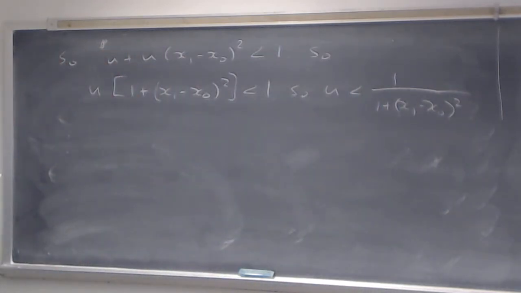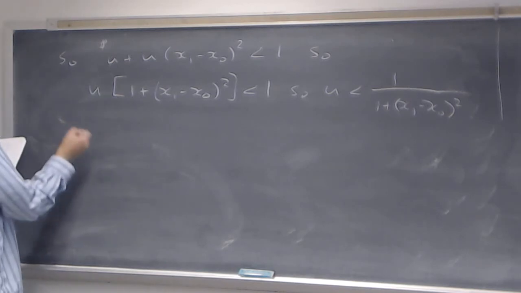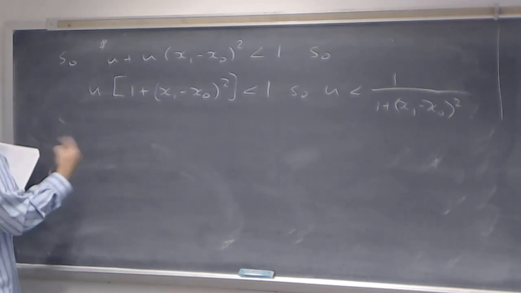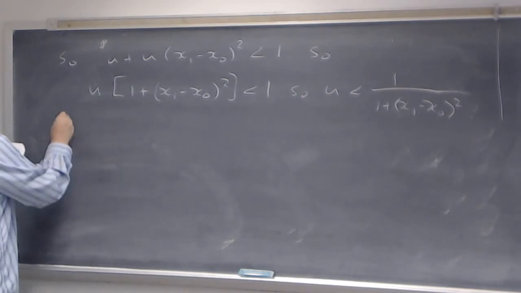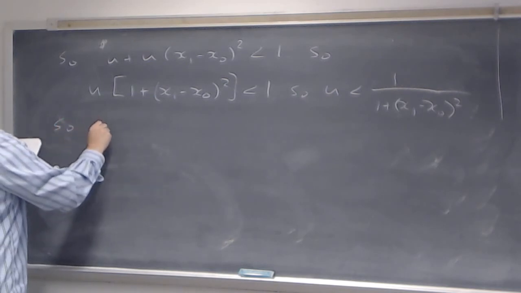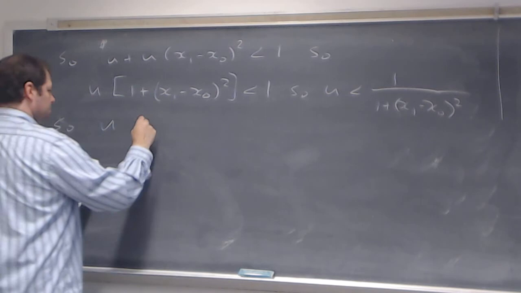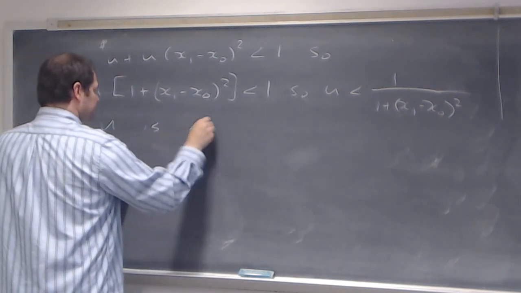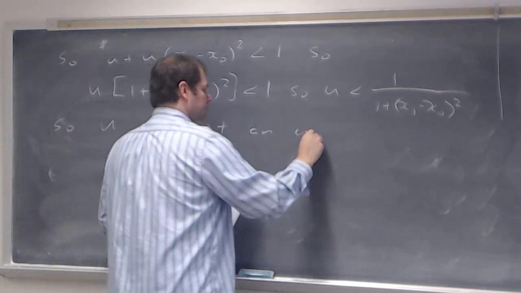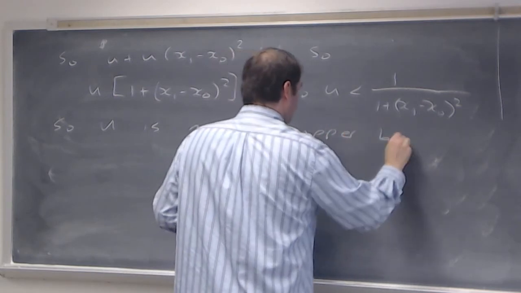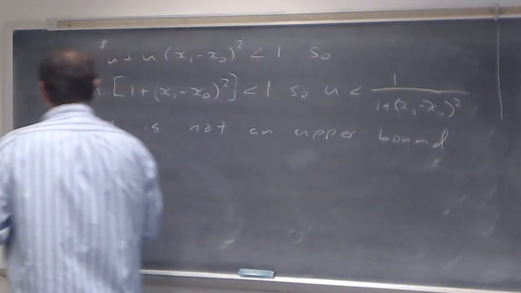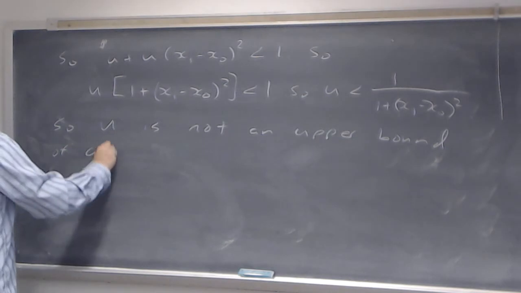And so there exists an x1 such that g of that x1 is bigger than u. So that says u can't be an upper bound. It's not an upper bound of g.